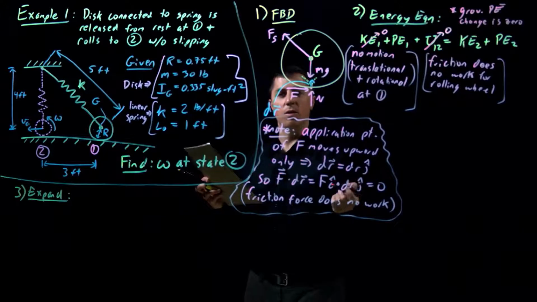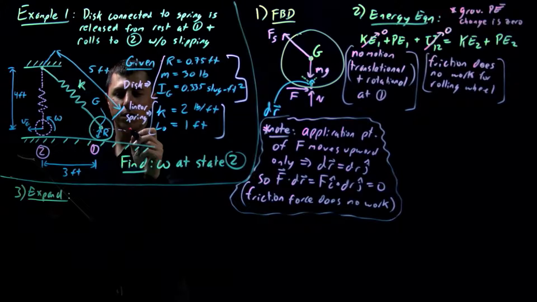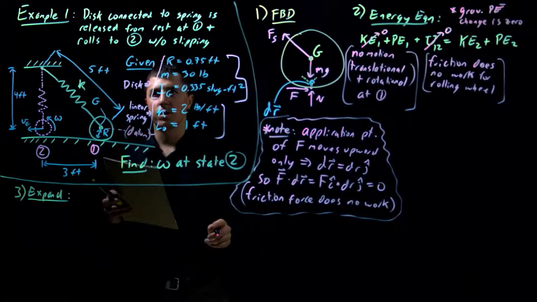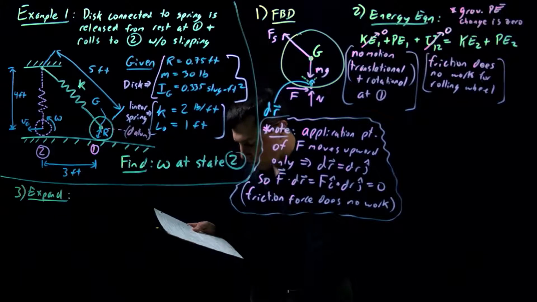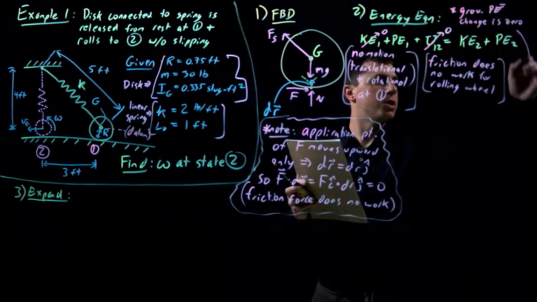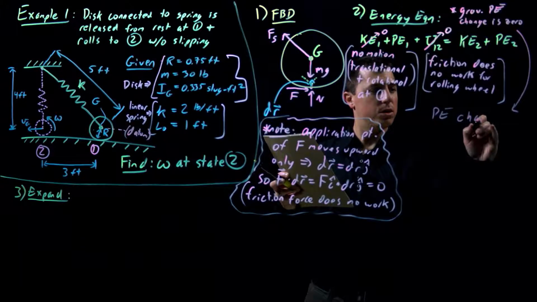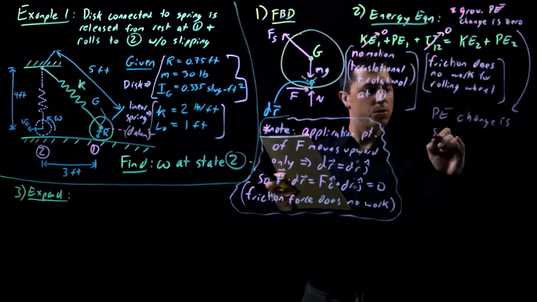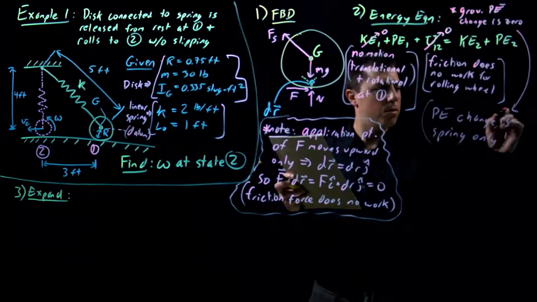We could put it in, or we could just choose our datum level to be right here, and then it doesn't change its vertical position at all. And so our potential energy change is due to the spring only.